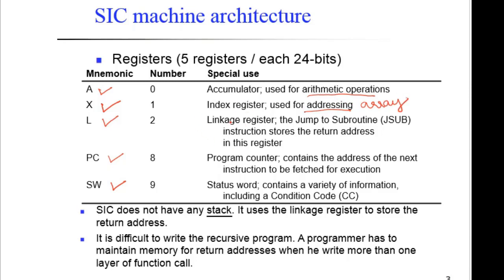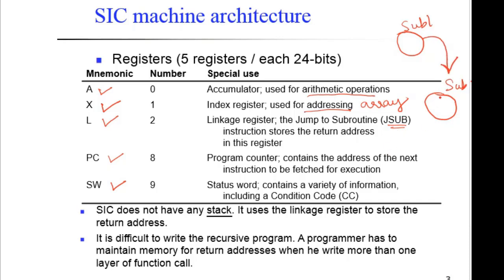Then we have the linkage register. We have an instruction called JSUB, which helps you perform a jump from one subroutine to another subroutine. This is subroutine 1, this is subroutine 2, for example. You can perform a jump from one subroutine to another.